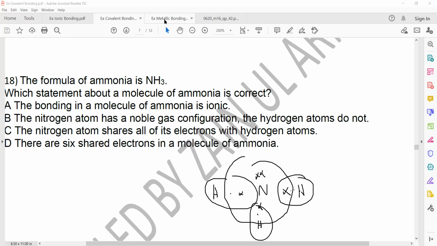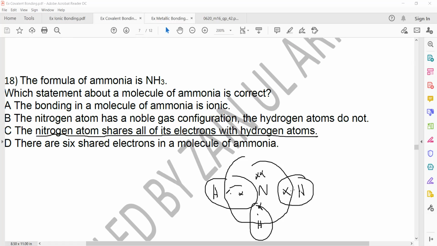Nitrogen atoms share all of their electrons with hydrogen. So if you check the statement, nitrogen shares all the electrons with hydrogen.